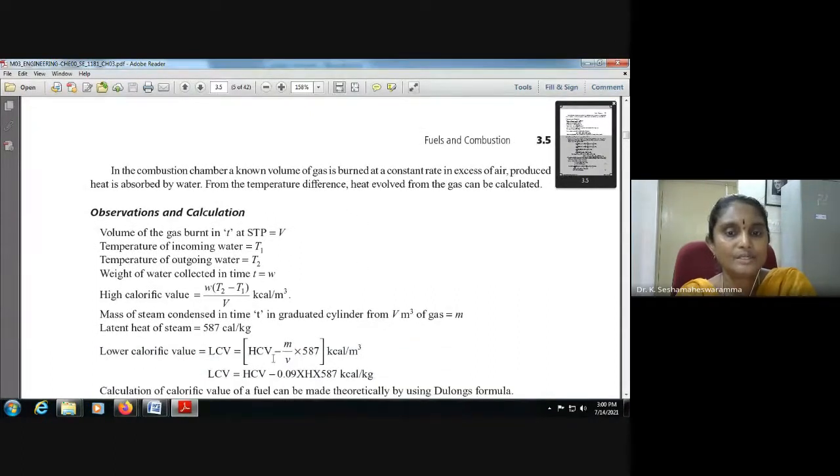LCV is equal to HCV minus M by V into 587, or the higher calorific value is equal to W into T2 minus T1 by V kilocalorie per meter cube. The higher calorific value is measured by this equation and the lower calorific value by this equation.